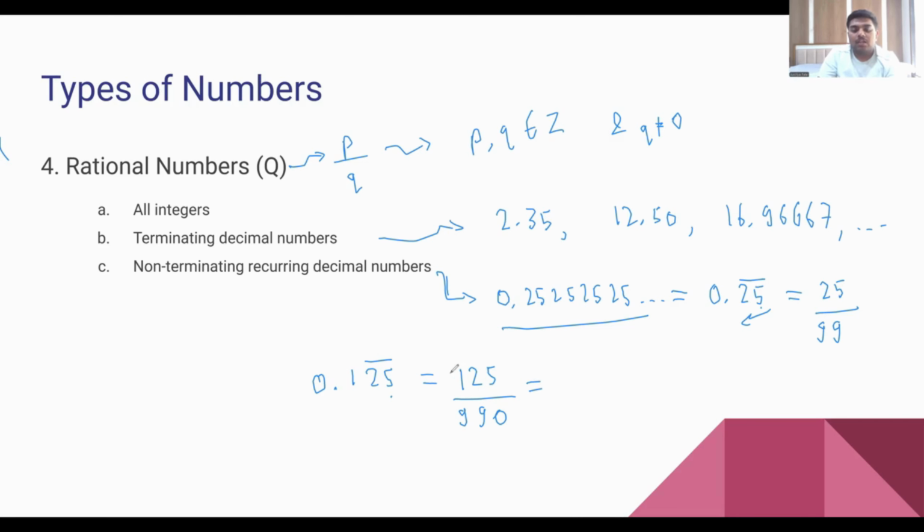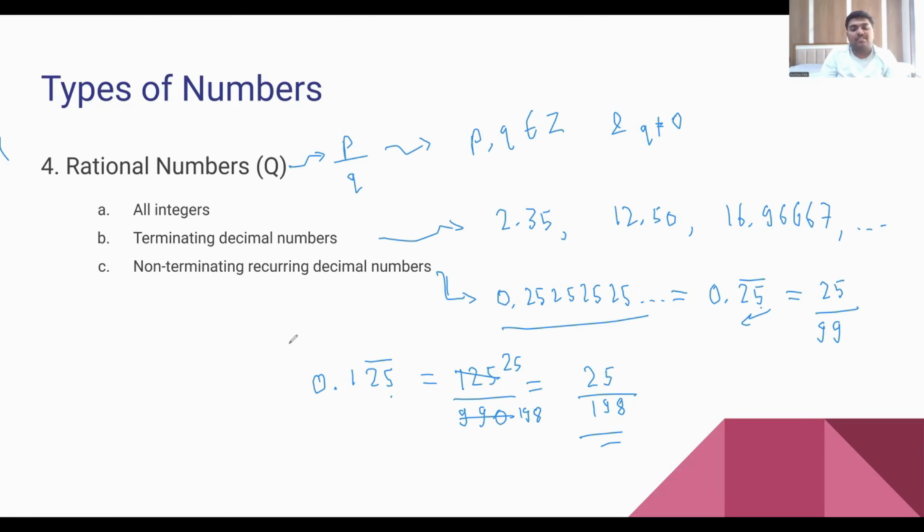And now, reducing it to the maximum possible form, we can write it as this is 25 and this is 198. So this is equal to 25 divided by 198. Okay. So this is how you can represent the non-terminating recurring decimal numbers into fractions.